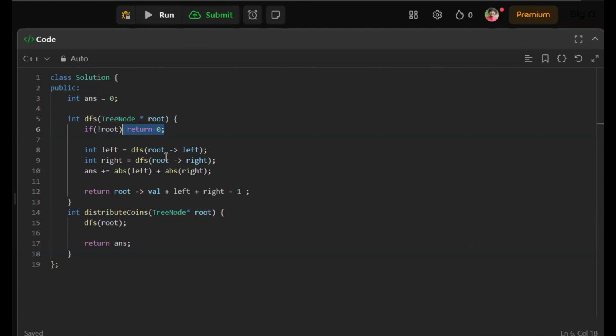Otherwise, we recursively call the DFS function on the left and right subtree and store the return values in variables and calculate the answer, which will be answer plus equals absolute of left subtree plus absolute of right subtree. And we have to return the value, which is the root value plus left plus right minus 1. Finally, we have to return the answer. I hope you understood the code.